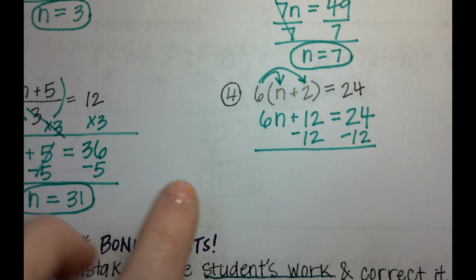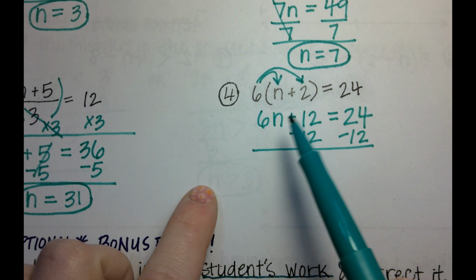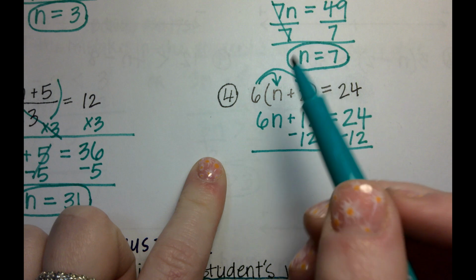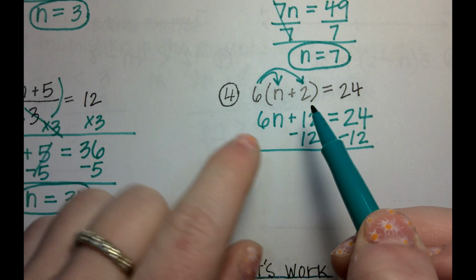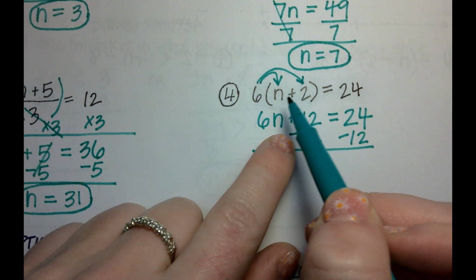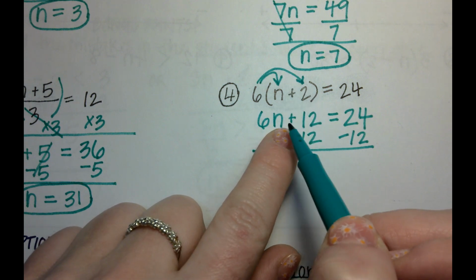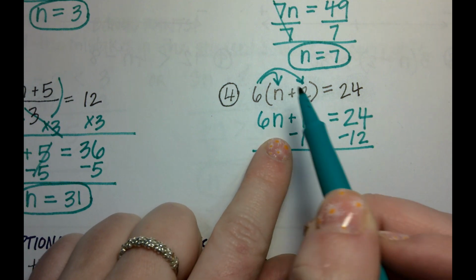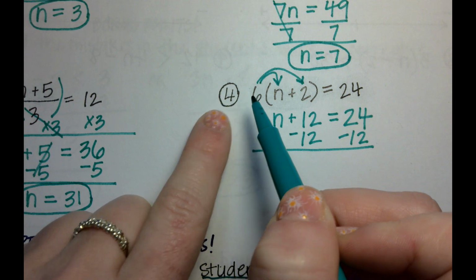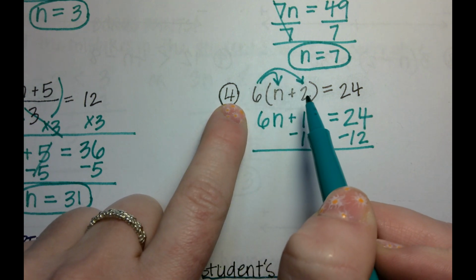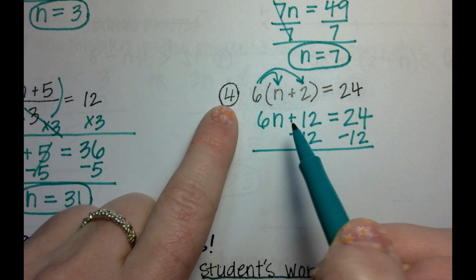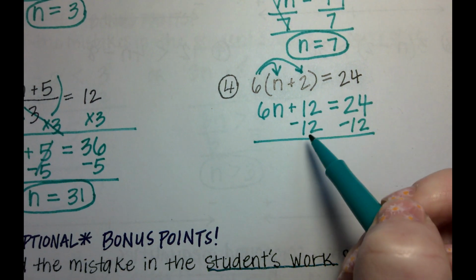Does anybody want me to repeat that? I'll repeat it just in case. What she was asking is, what would the case scenario be for us to change this plus 2 to a minus something? That would only happen if the number we're multiplying is negative, because remember, if you take a negative times a positive, it becomes a negative. Good question.